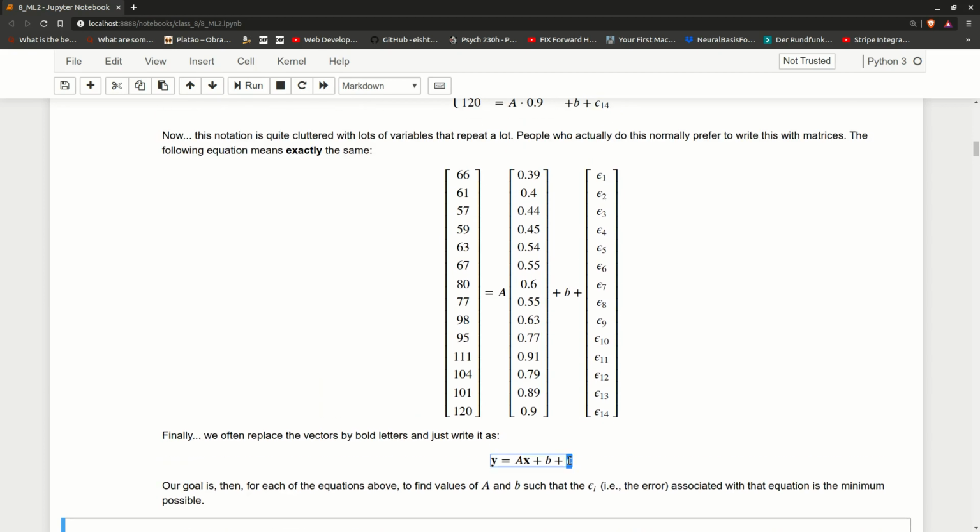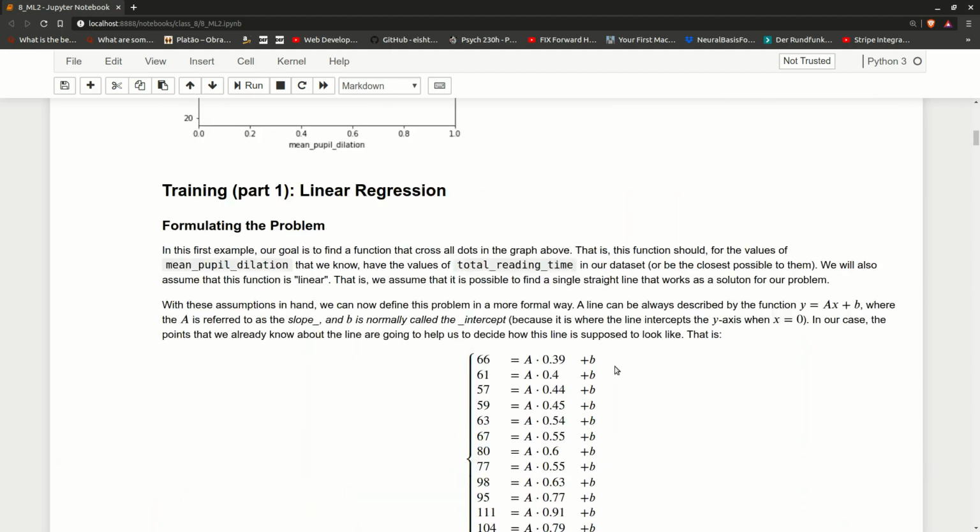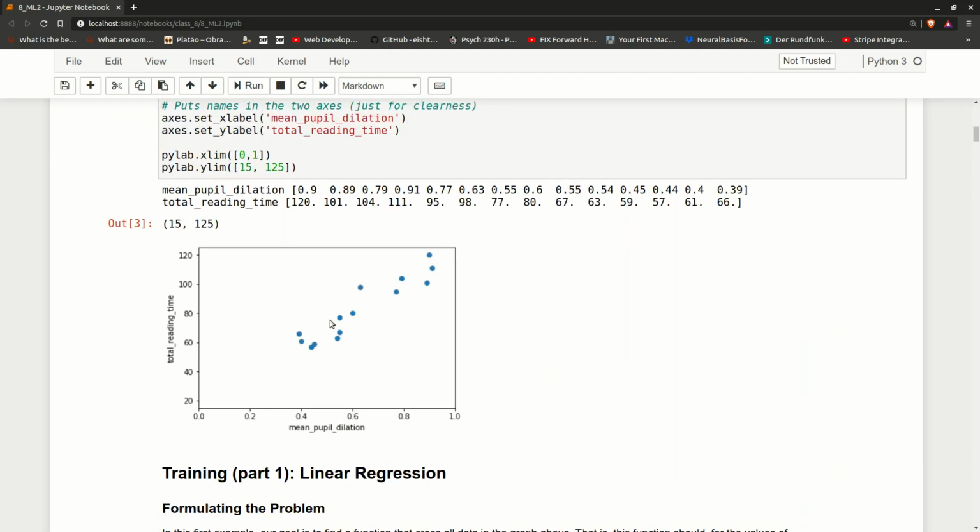These epsilons, as you remember, are my error. Given the line, if the line passes here, then it is this distance between the line and the actual point that was observed.